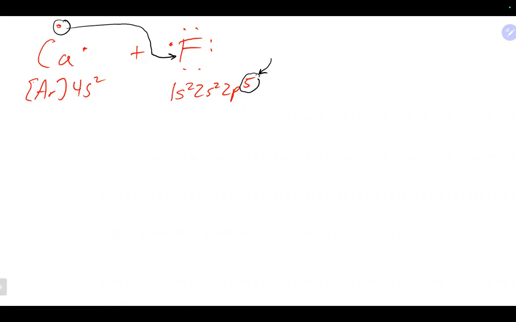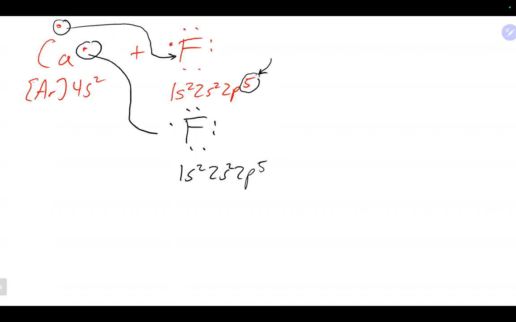And what that means is we actually need not 1 fluorine here, but 1 more to accommodate the second electron. And what ends up happening now is calcium has a second spot where it can get rid of its electron. The result of this is our calcium becomes positively charged.